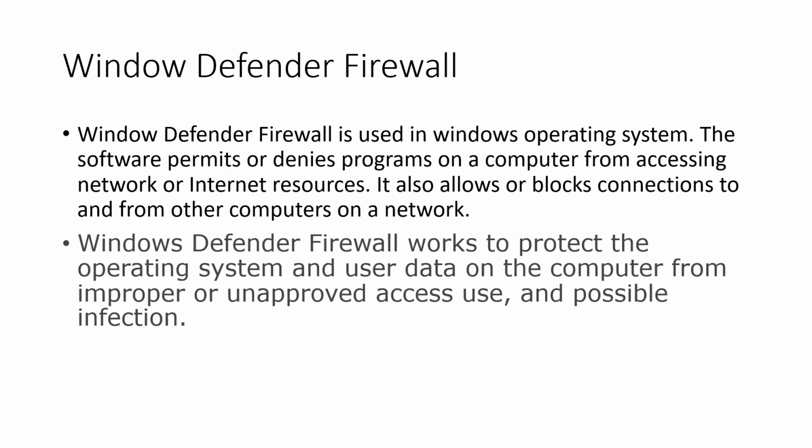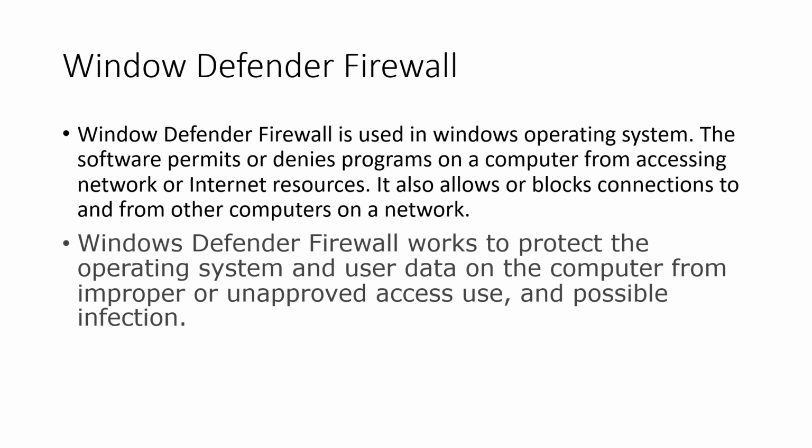Now we're talking about Windows Defender Firewall. Windows Defender Firewall is used in the Windows operating system. The software permits or denies programs on the computer from accessing network or internet resources.